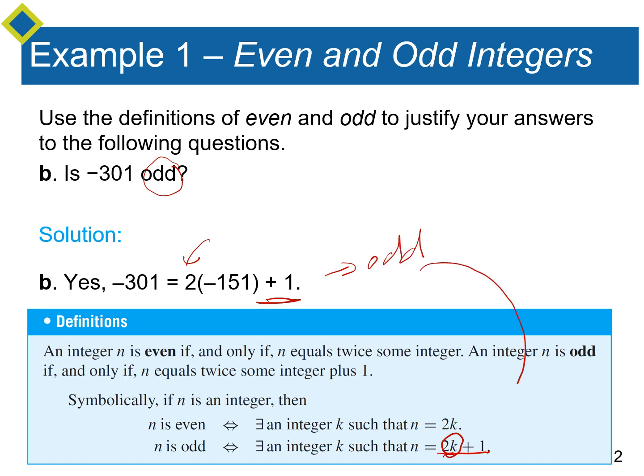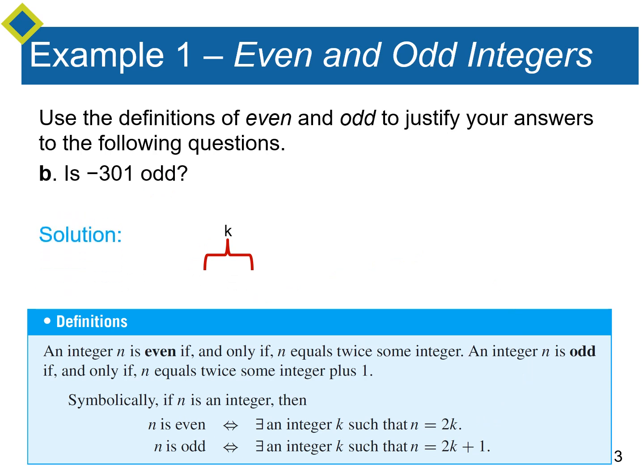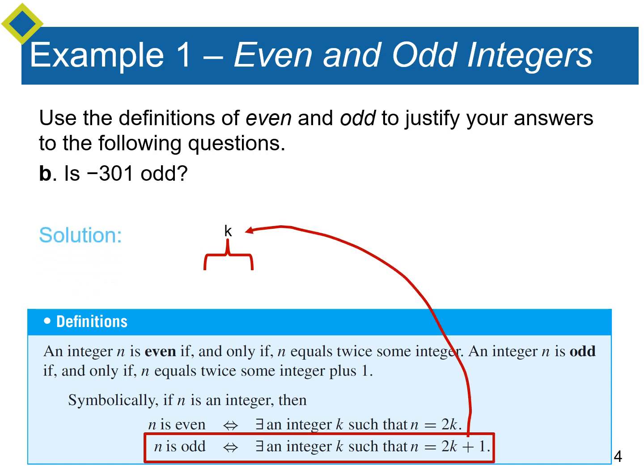Follow this theorem. So negative 151 becomes k, and we meet the definition here: n is odd if there is an integer k such that n equals 2k plus 1.